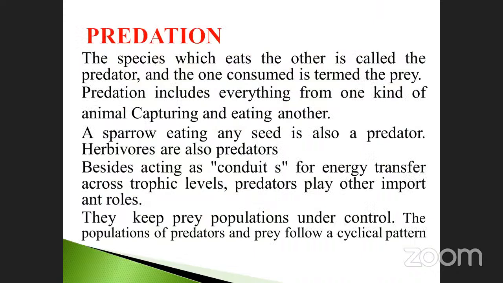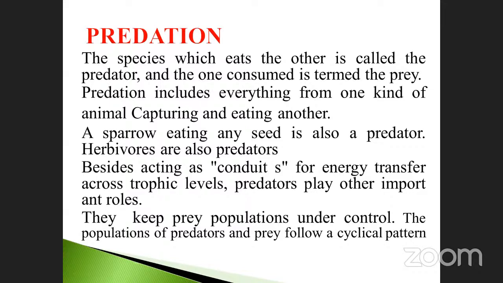And predation. What is the meaning of predation? The species which eats the other is called as predator. Isn't it, my dear? For example, deer, okay, eaten by lion, tiger, some other things. So which one is food? The species which eats the other is called as the predator, and the one consumed is termed the prey.